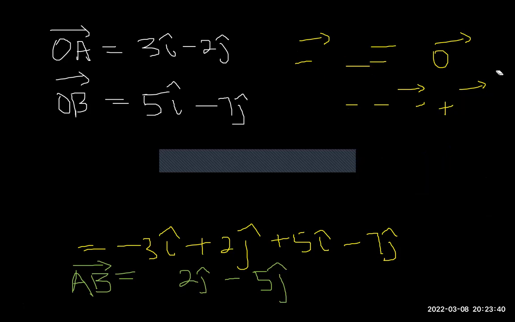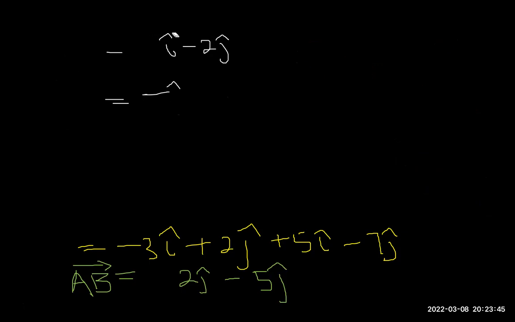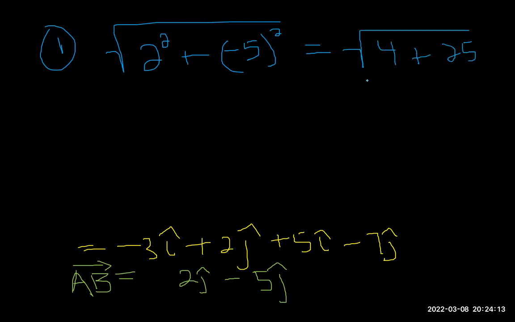Finding the unit vector. So we said because we want the unit vector in the direction of AB, this is the vector we would be using to find the magnitude and all that, right? So first thing, find the magnitude of the vector, which would be the square root of 2 squared plus minus 5 squared, which gives the square root of 4 plus 25, which is the square root of 29.